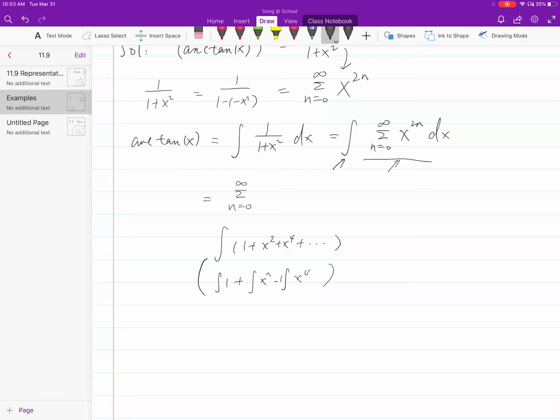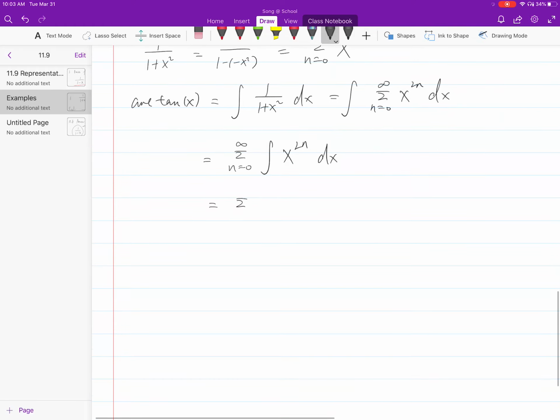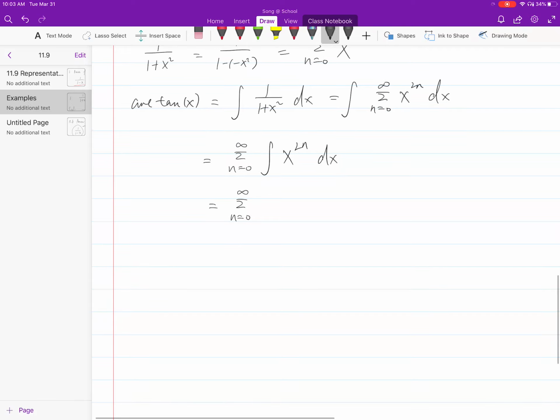Okay. It's true, it's trivial. Then we can interchange these two signs. We do the integral first. Then keep the sum sign. You're just asking yourself how to do the antiderivative of x to the 2n.